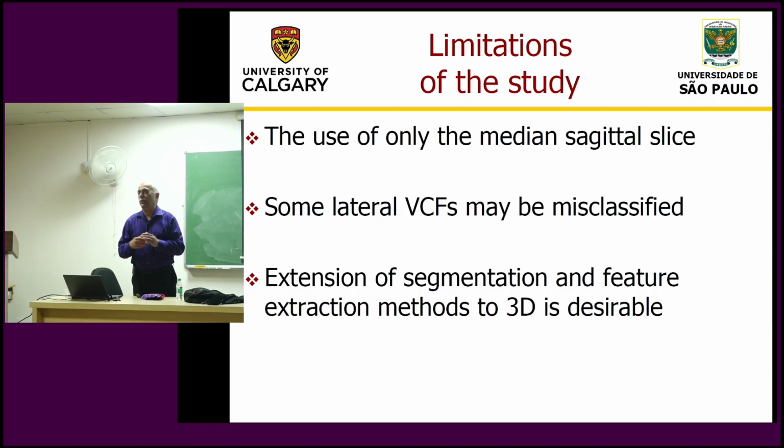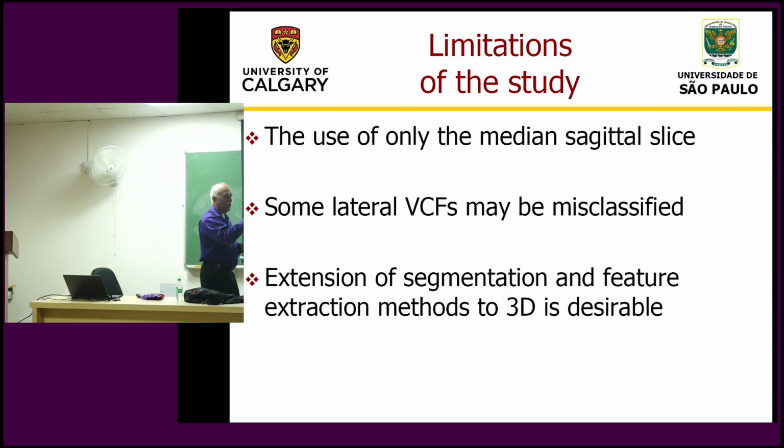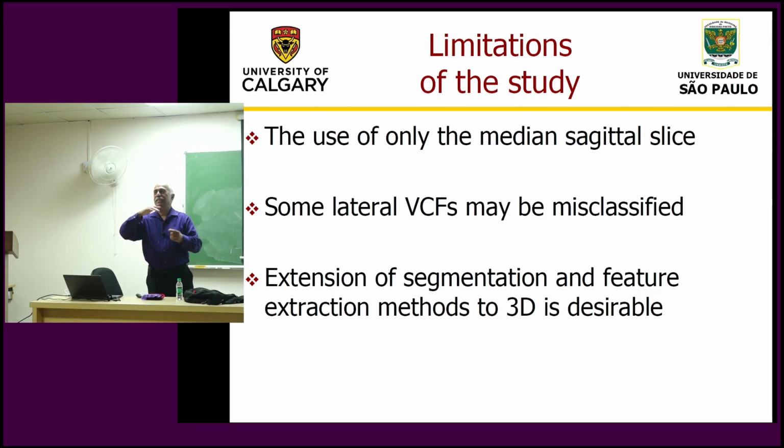In fact, 2D worked better. The reason for that could be that the clinical observations have been made in 2D, and we don't know if the same thing occurs in all slices in 3D. So these were noted, and some of these were done in subsequent studies, but did not lead to anything better.